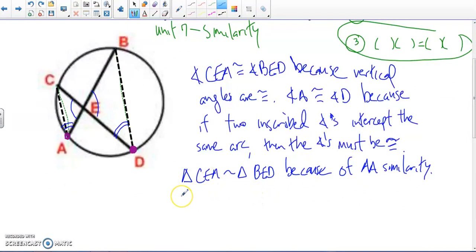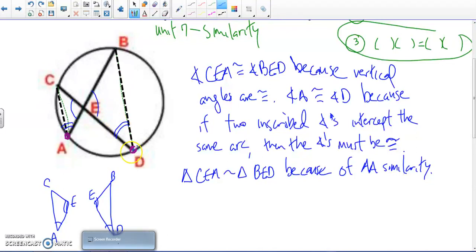Like I said, when the triangles are similar, now we know that the sides are proportional. So if you look really carefully at what happened here, here's triangle CEA. So we have the vertical angle, we have angle A. And here's triangle BED, and we have the vertical angle, and we have angle D. What we're used to seeing on a lot of these is a rotation to map the triangles onto each other, right?